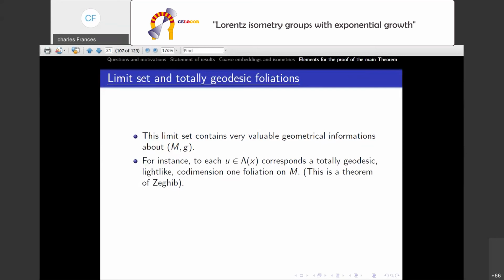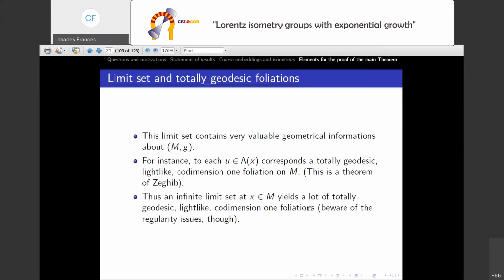This is actually a rephrasing of a theorem of Abdelghani Zeghib. If you have, for instance, an infinite limit set at x, then it provides a lot of totally geodesic-like codimension 1 foliations. And it is known that in this case, the geometry of M must be quite peculiar.